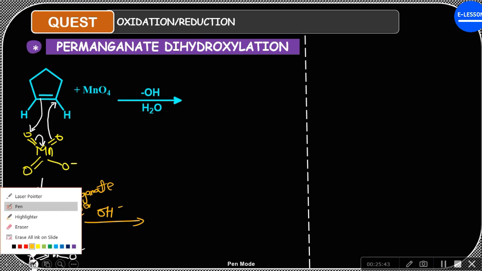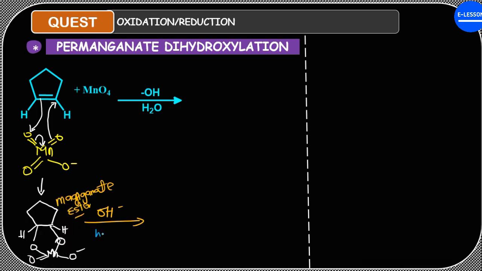Now, if it undergoes hydrolysis with a base, the product will be the glycol, which is something like this. It's going to give us something like this.